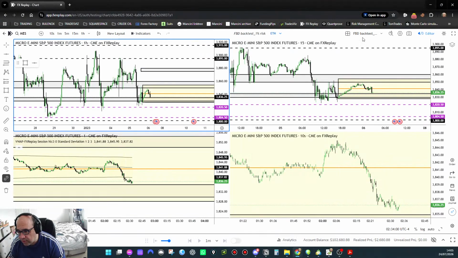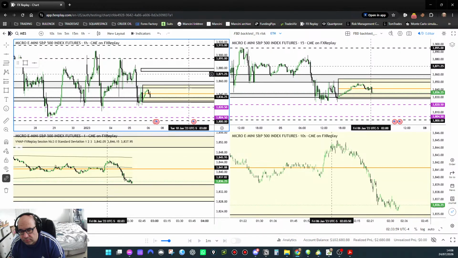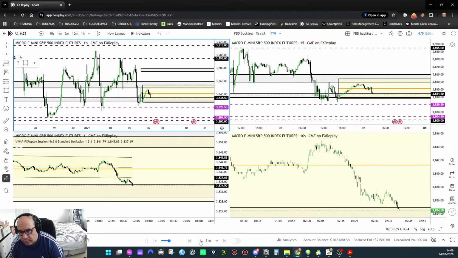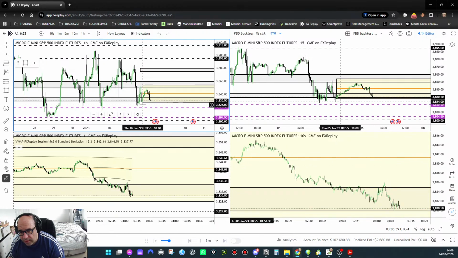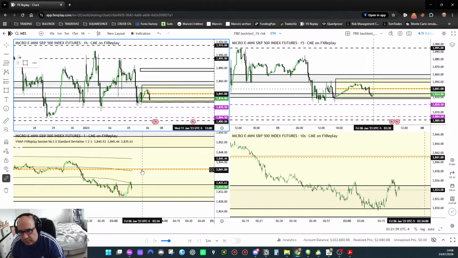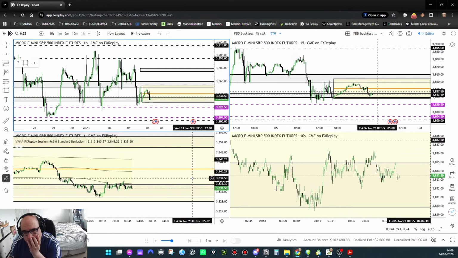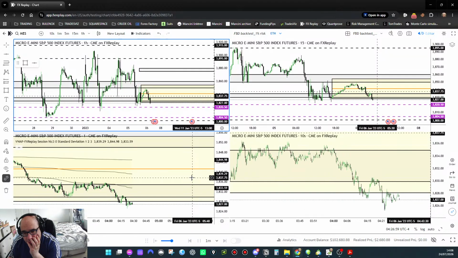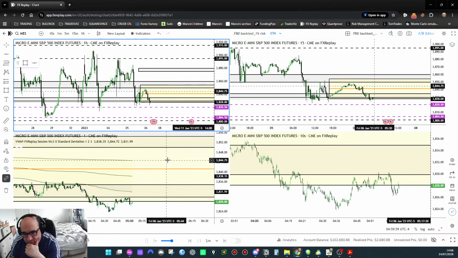So let's go for the next trade. That's overnight, by the way. So now we're going to head probably to test these lows. Just to remind you that I think we're at the 6th of January at 23.